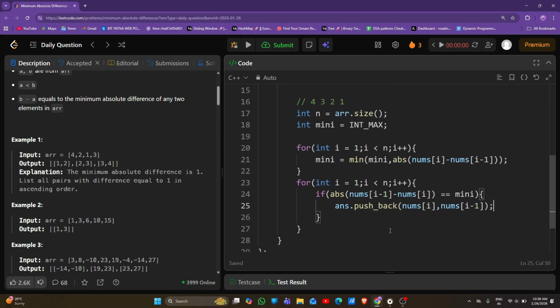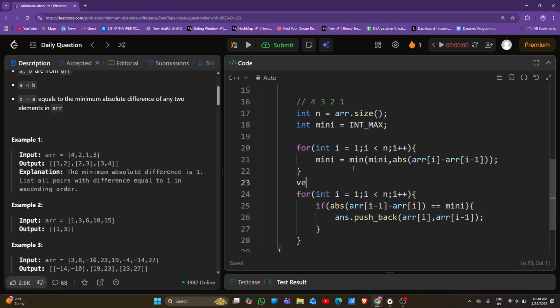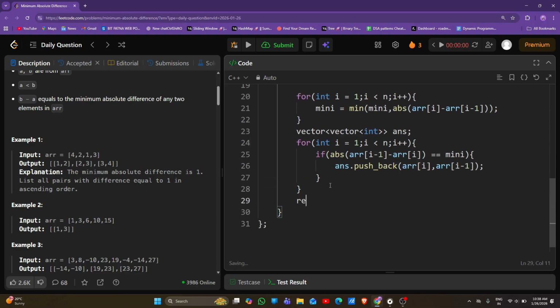I think I have made a mistake: everywhere I have taken nums, but here it will be array, because LeetCode usually gives nums as the naming convention, but here they have given array. Yeah, we have to store the answer as well, a vector of vectors, and at last we need to return the answer.